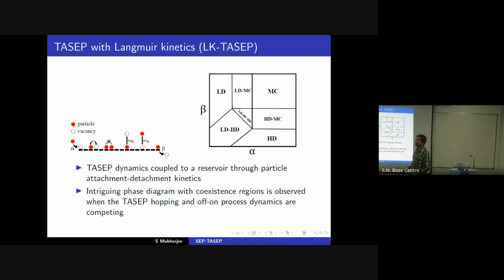Whereas when we couple TASEP to a particle reservoir and the on-off process and the particle hopping are competing, we get not only the pure phases like LD, but also mixed phases like LDMC, HDMC, LDSD, and LDMCSD. These are totally new phase diagrams we obtain when we couple the TASEP with a particle reservoir.